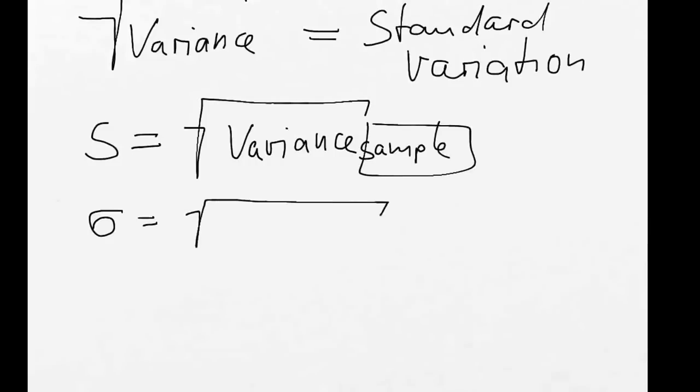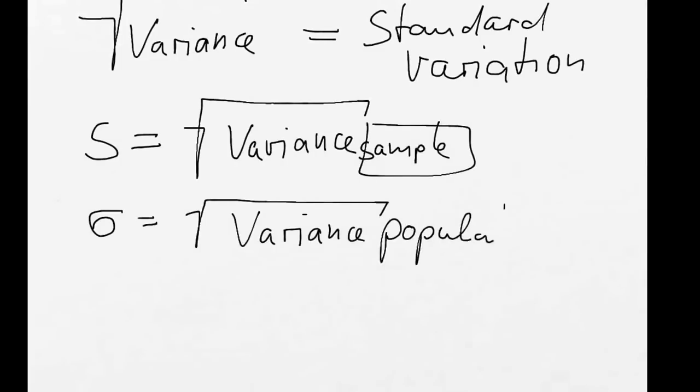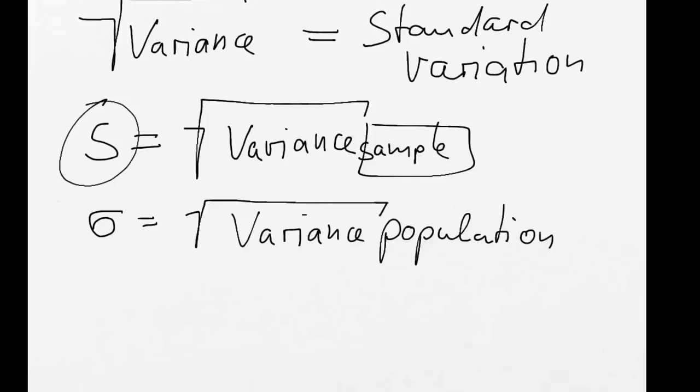This is the square root of the variance when we have a population. Is it both the same? No, because we know that the variance for the population is divided by n, whereas the variance for the sample is divided by n minus 1. So both variances are different, and therefore the square roots, the standard deviations, are different.